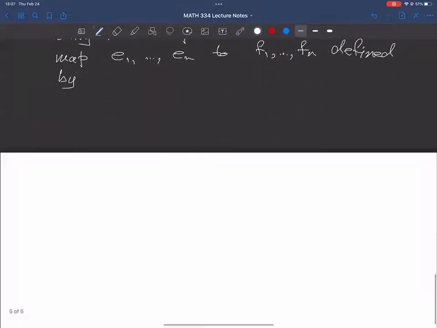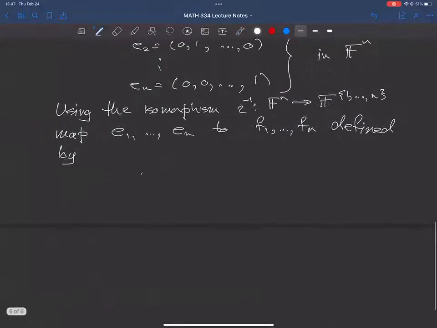So Fj, the jth element of this vector space, is going to be a function from the finite set 1 up to n into F. Evaluated on K, it is going to be 1 when j is equal to k and 0 otherwise.